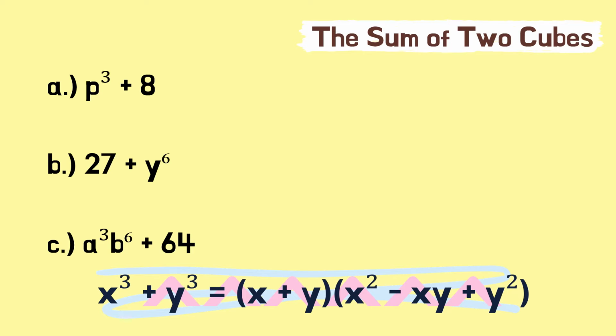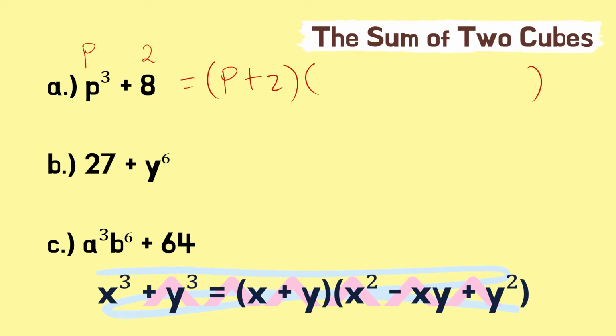So, let's have this. p cubed, that is a result of multiplying p or using p 3 times as a factor. So, we have p. 8 is the result of a number 2 used as a factor thrice. So, that is 2. So, we can now express it as a sum. So, p plus 2 for the binomial factor.